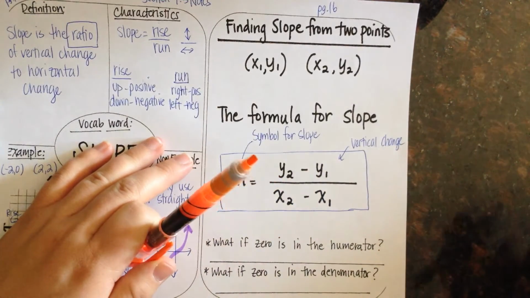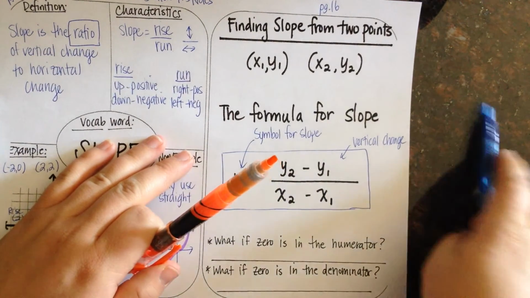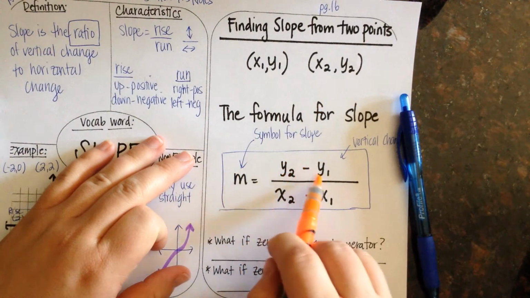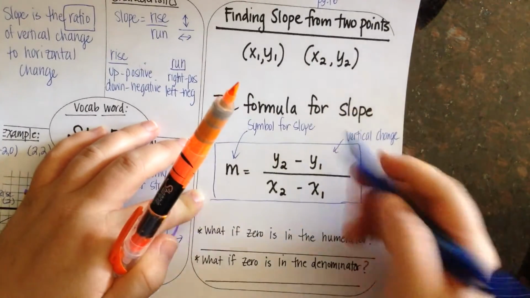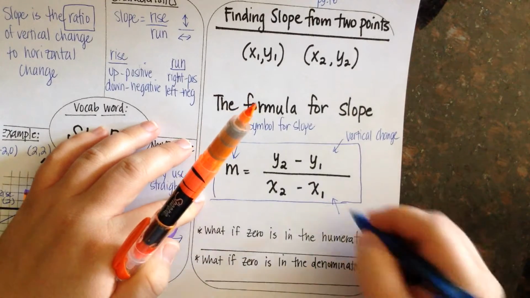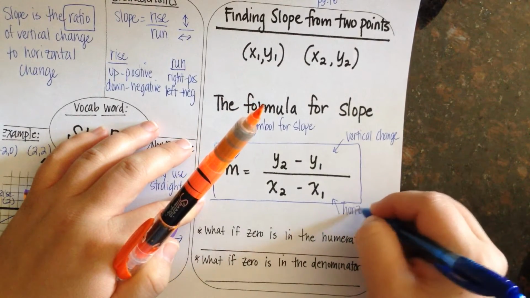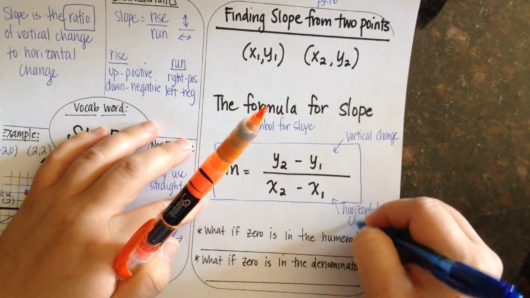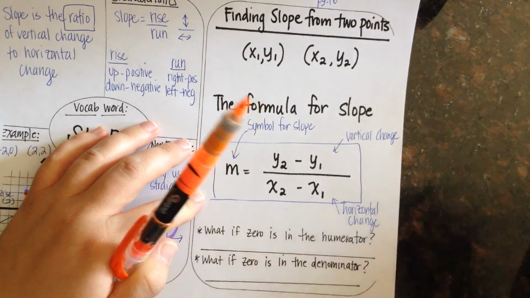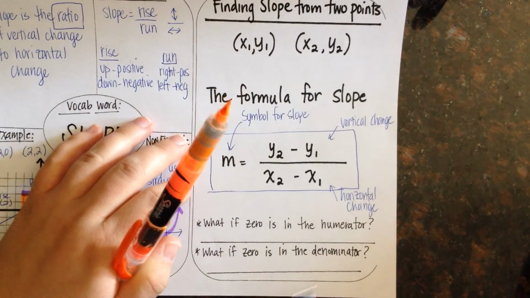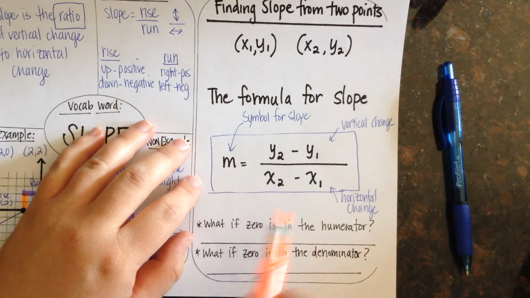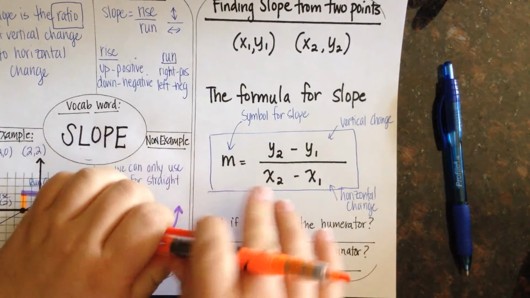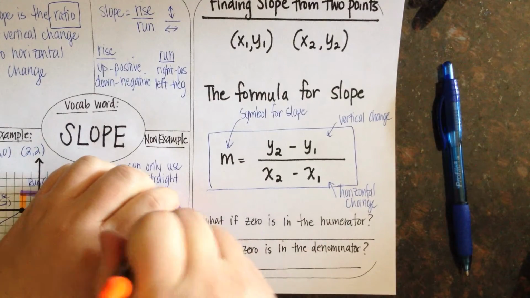So the difference between my two y values, y2 will go first minus y1, and then you got to watch your negatives in these. This bottom expression is my horizontal change. How do my x numbers differ? And yes, x2 minus x1, watch your negatives again. And we'll plug these values in.